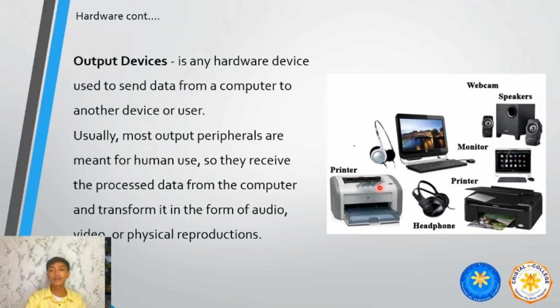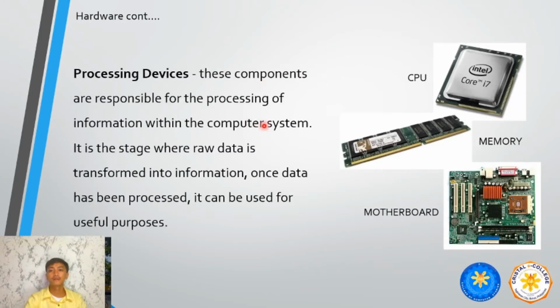Those are output and input devices. These are vital or important components of a system. Next is processing devices.